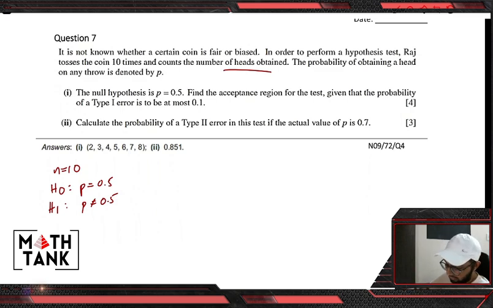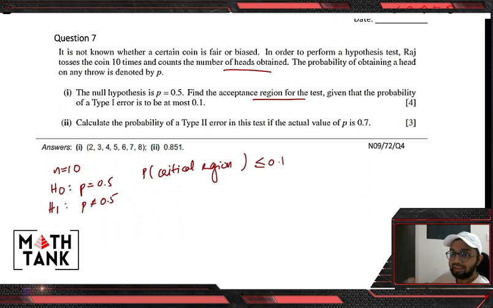Find the acceptance region for the test, given that the probability of a type 1 error is to be at most 0.1. So the probability of the critical region, or the type 1 error, is at most 0.1. So I have to find a critical region such that its probability is less than 0.1.